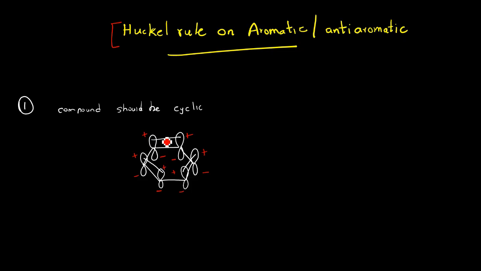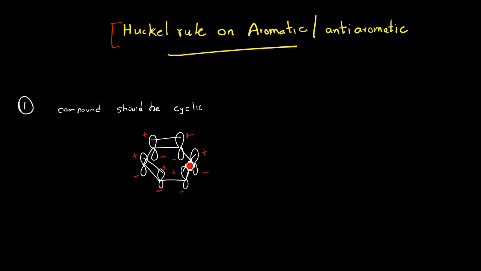So look at this bond. You have to see the bonds and see whether the interaction between these two orbitals is on the same signs or on the opposite. As you can see here, this is positive and this is positive, so this is on the same signs, right? This would not be a phase inversion. There's an interaction between this orbital and this orbital, but the interaction is on the same side, so it is not an inversion.